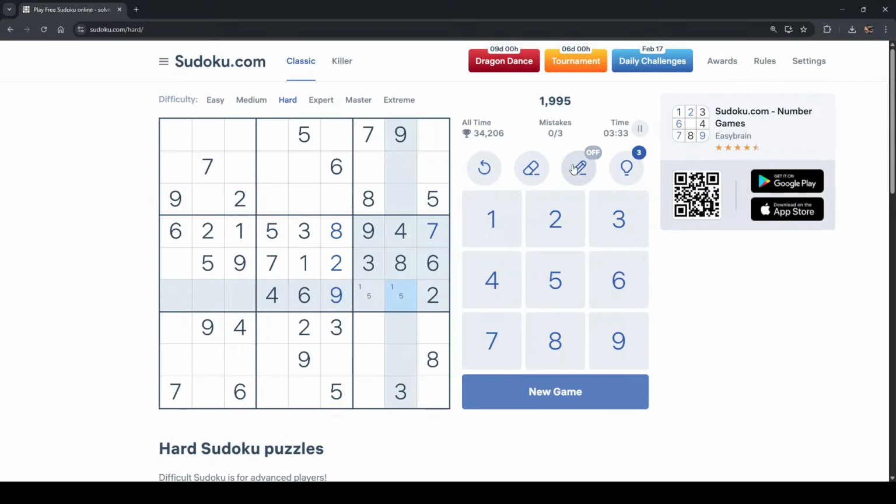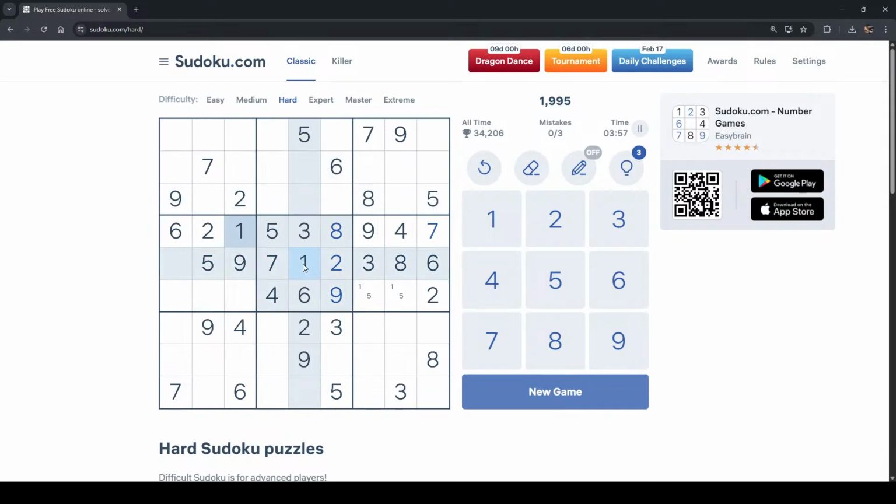But if it is off, then we have to be careful. Whatever we type will be treated as an entry, and if it is wrong, then a mistake will be counted. The maximum mistakes allowed is 3. Once you commit the 3rd mistake, then it's over. They will give you a second chance obviously, but that's not good. We should try to play error free, at least at this hard level.